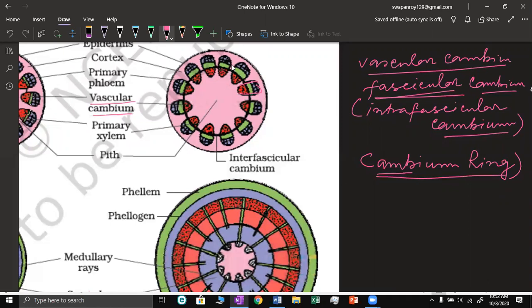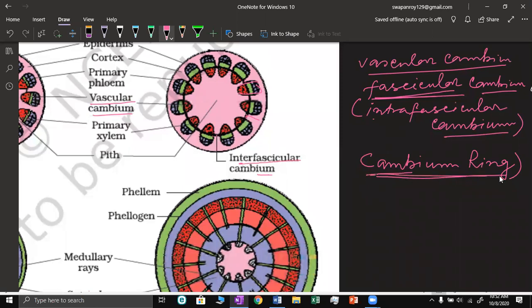Here the medullary ray cells in line with the fascicular cambium also become meristematic. So here, this is the interfascicular cambium, formed in between the vascular bundles.